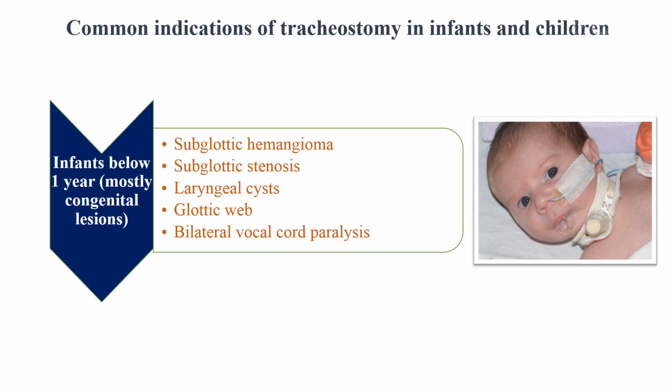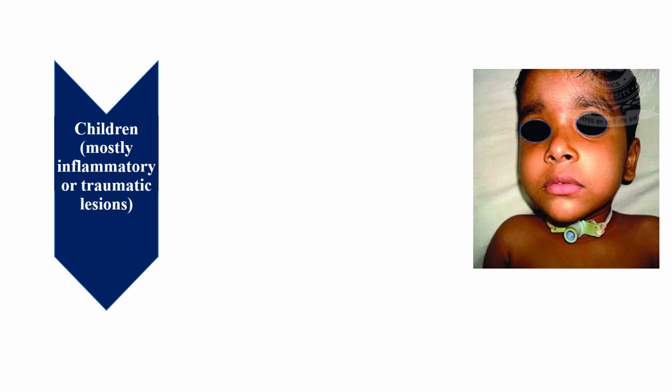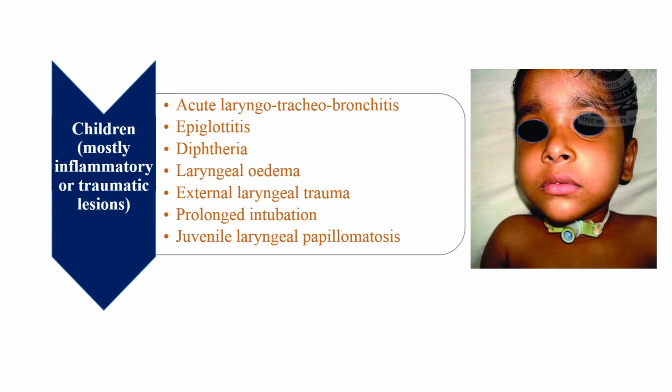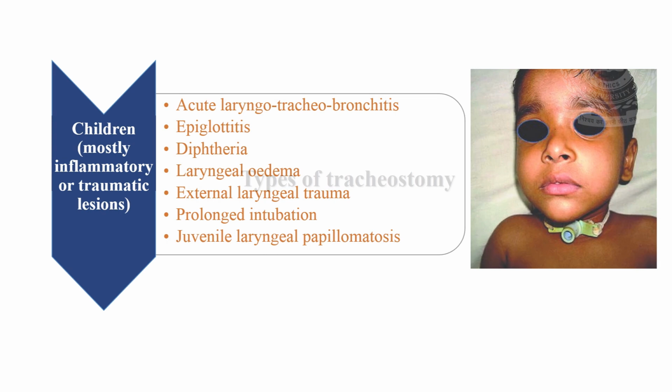In infants, it is done mostly due to congenital lesions like subglottic hemangioma, subglottic stenosis, laryngeal cyst, glottic webs, bilateral vocal cord paralysis, etc. In children, it is done due to inflammatory or traumatic lesions like acute laryngotracheobronchitis, epiglottitis, diphtheria, laryngeal edema, etc.